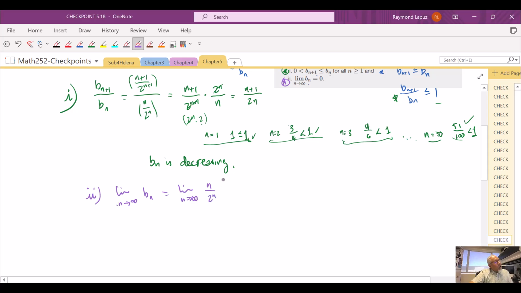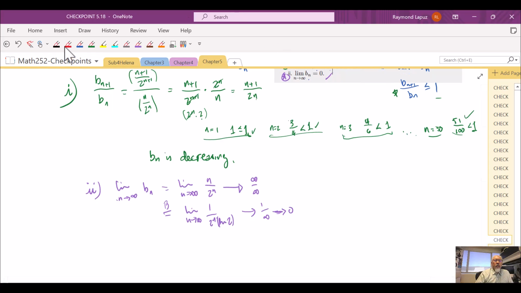If we do something like L'Hopital's rule, because this is going to be infinity over infinity, using the Bernoulli symbol here, B for Bernoulli, we take the limit as n approaches infinity of the derivative of n, which is 1, over the derivative of 2^n, which is 2^n times ln 2. And this is going to send it to 1 over infinity, which is going to 0. So that checks out our second condition.